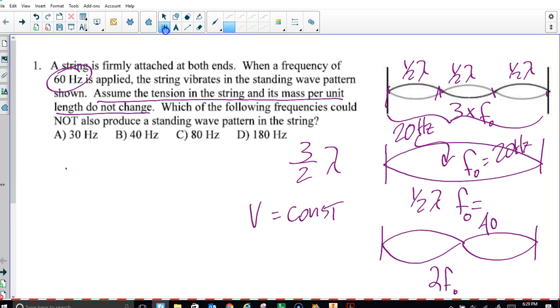This would be 40 hertz. This is 60 hertz. If you wanted one with 4 sections, it would be 80 hertz. So which of these, basically what it comes down to, is not a multiple of 20? And it's that guy. If you put 30 hertz, you're not going to get a standing wave.